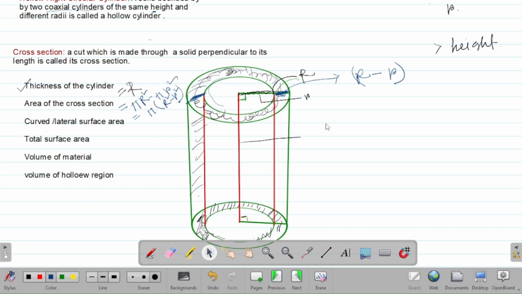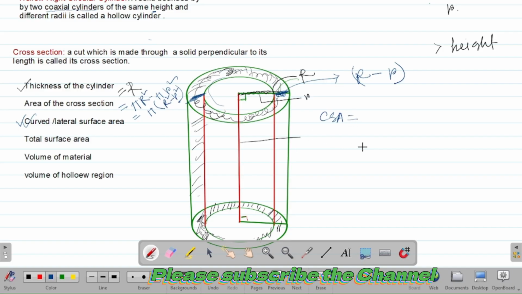Now let's learn about the curved surface area. See that there are two curved surface areas: one around the hollow, and the other is the outer curved surface area.